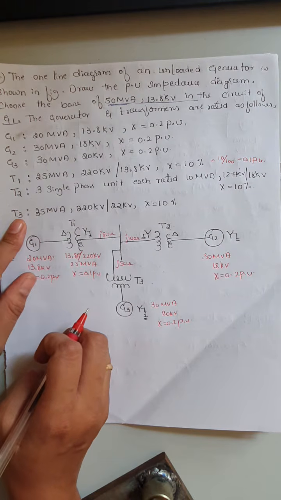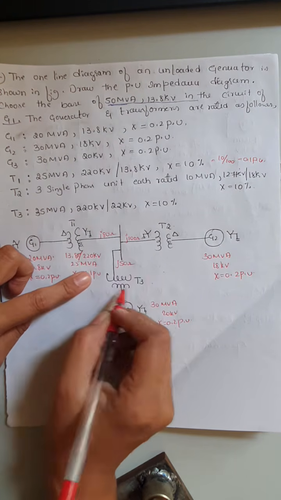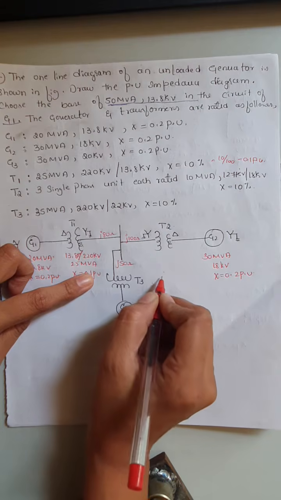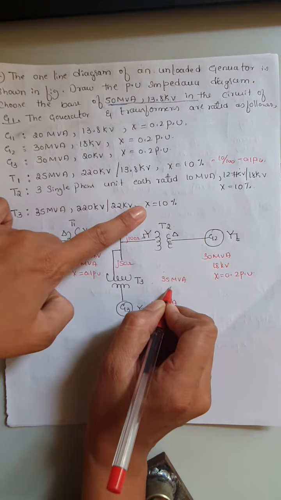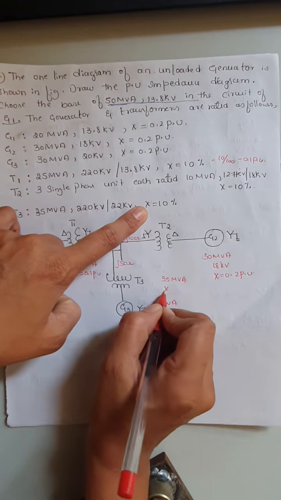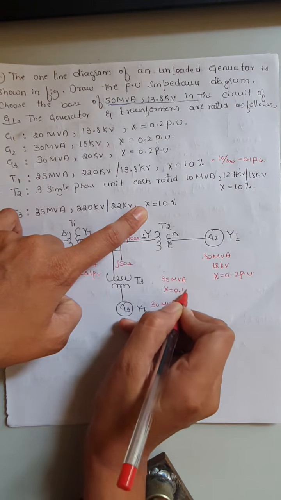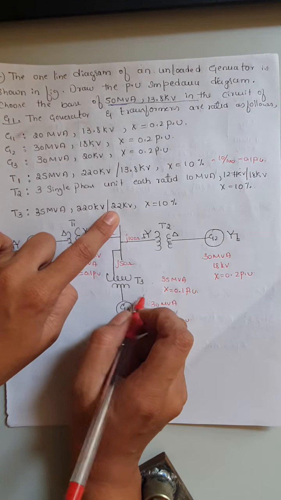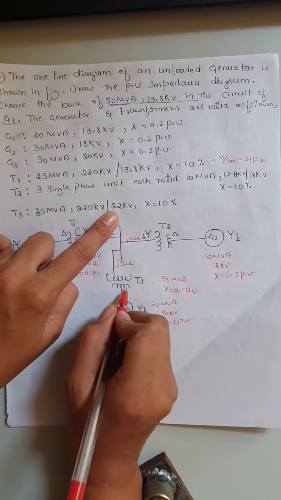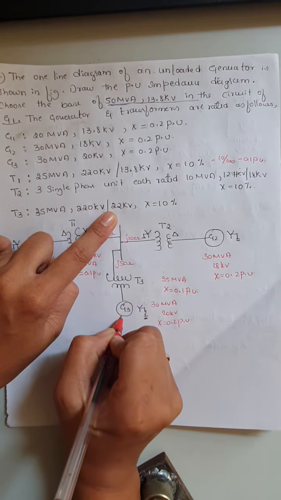Before that we'll write the data of transformer T3. The transformer T3 is having the MVA rating as 35 MVA, and the reactance is 10%, converting into per unit is 0.1 per unit, and the voltage rating. This is a step down transformer because this is connected to generator.